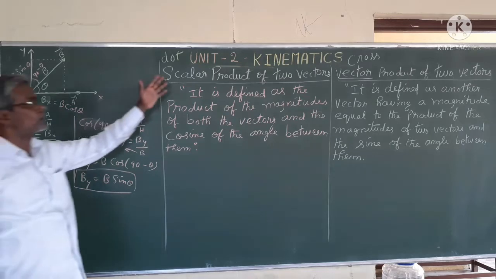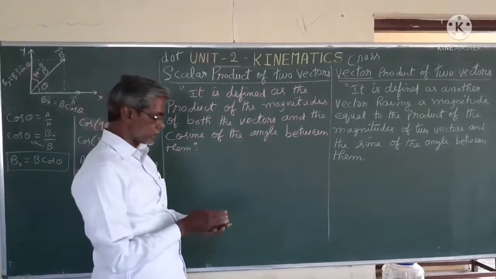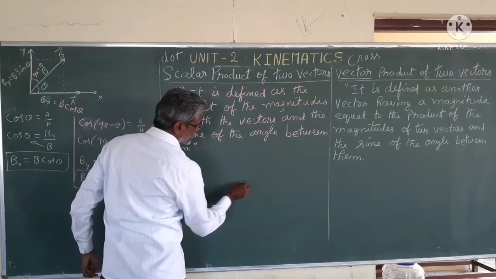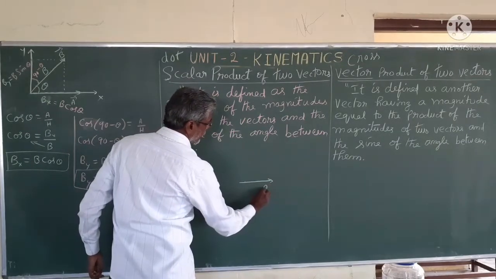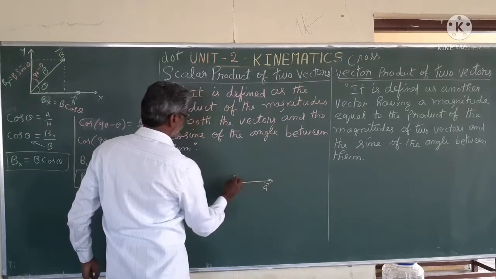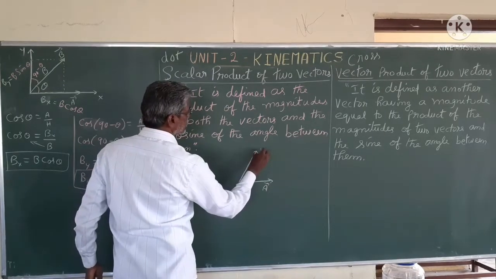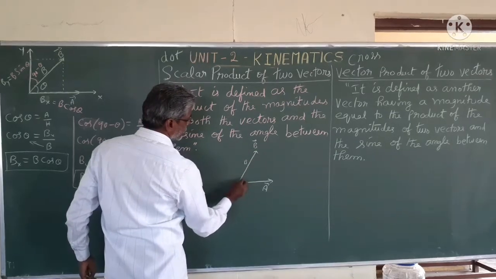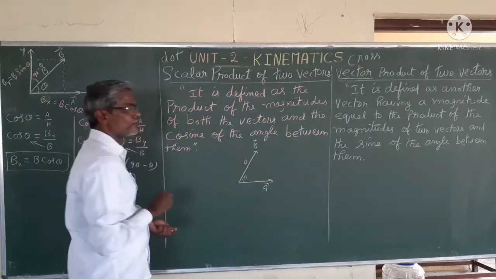Now we go for the dot product of two vectors. Let us consider two vectors, a vector and this one is b vector, and it has a magnitude d, making an angle theta.